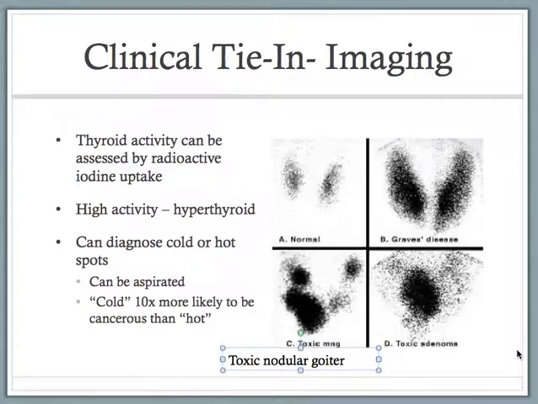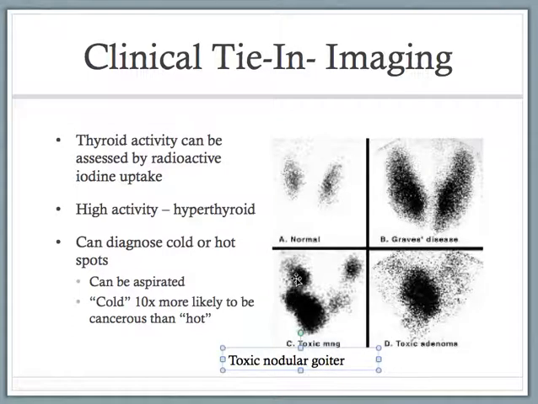And an adenoma is a benign growth of an endocrine tissue. So in this case, we would just have an overactive benign growth. As I just said, whenever you have a growth on an endocrine tissue, you're going to get way, way more hormone than you typically would. So you see a really large area of activity, and this is a benign issue. So is toxic nodular goiter, which means once you take out those areas, then the disease goes away.